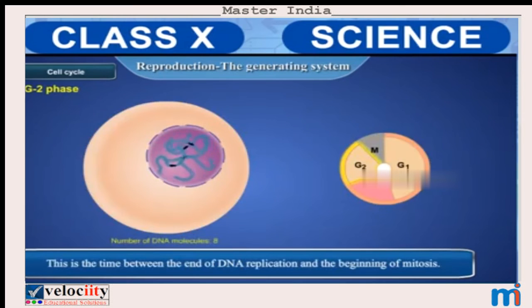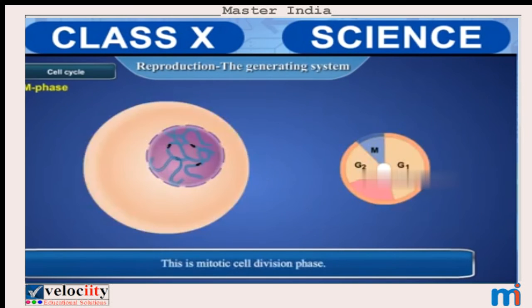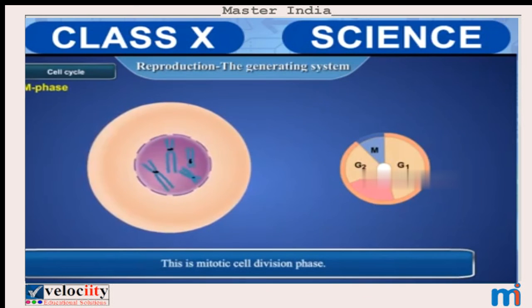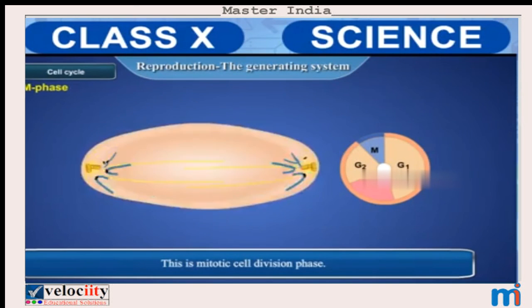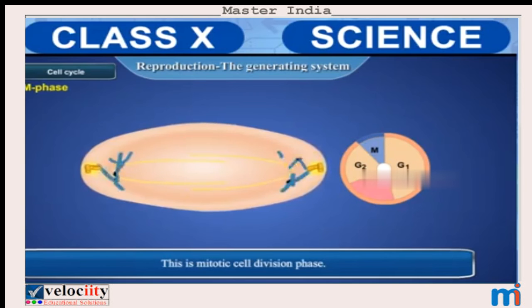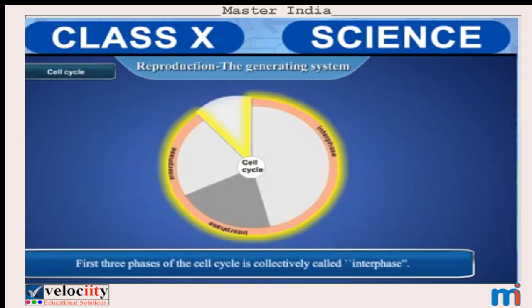This is the time between the end of DNA replication and the beginning of mitosis. M phase. This is the mitotic cell division phase. The first 3 phases of the cell cycle are collectively called interphase.